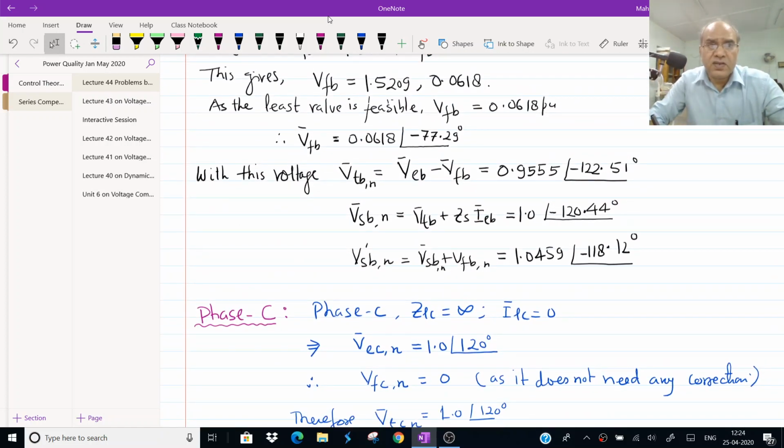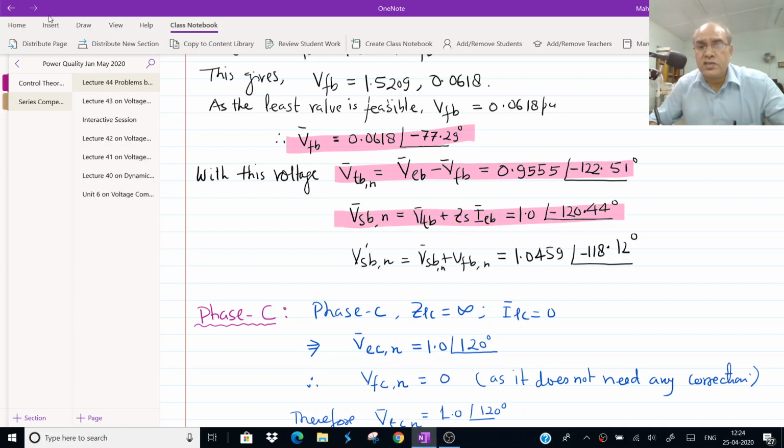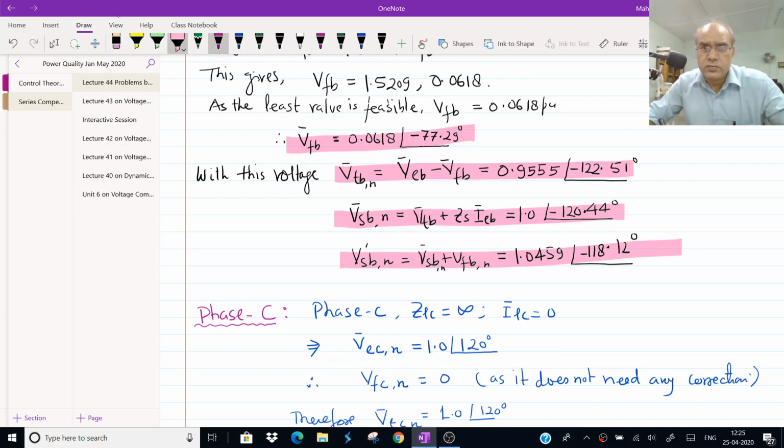If A phase and B phase problem solving is similar to the previous one and results are the same as the previous one, then what about the source voltages? So you can see it here. This is for B phase, FB, and this is the B phase terminal voltage, this is source voltage, and this is the effective source voltage. They are the same values as the previous one. Absolutely the same values. Okay? Same as previous case.